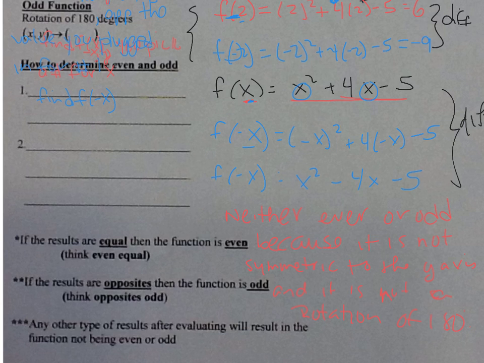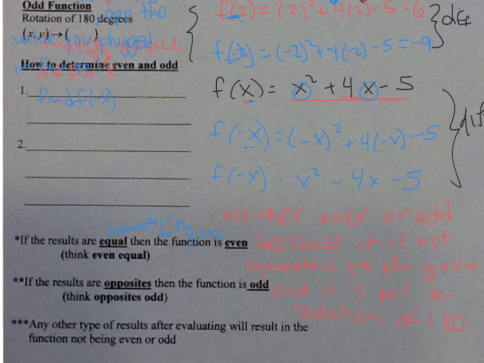Okay, so just quick review before we go back onto the back page. If the results when you plug in are the same, if they're equal, then it's an even function. And when it's an even function, remember, it's symmetric to the y-axis.